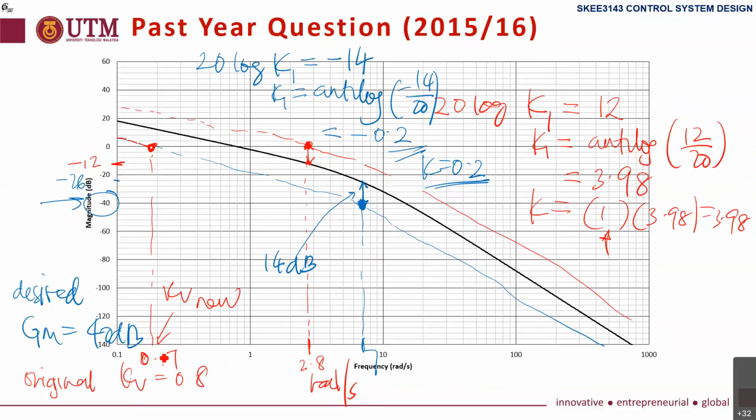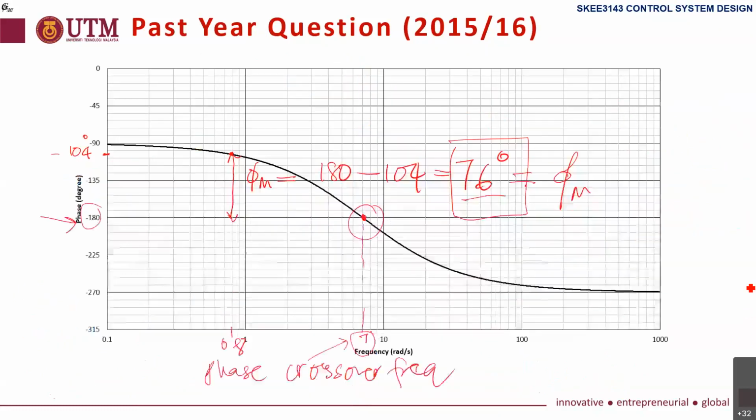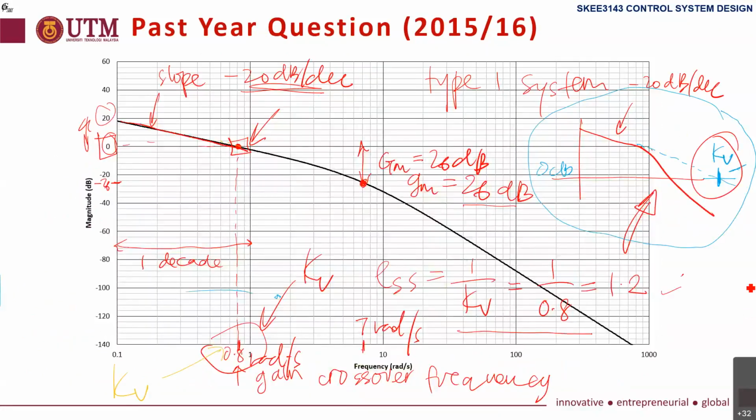When Kv is reduced, that means the error, which is 1 over Kv, will increase. Error is now 1 over 0.17. Okay, it's quite high. It was 1.2.